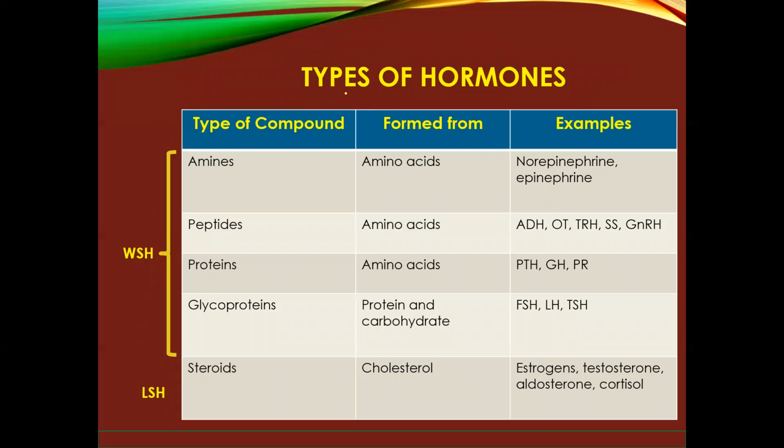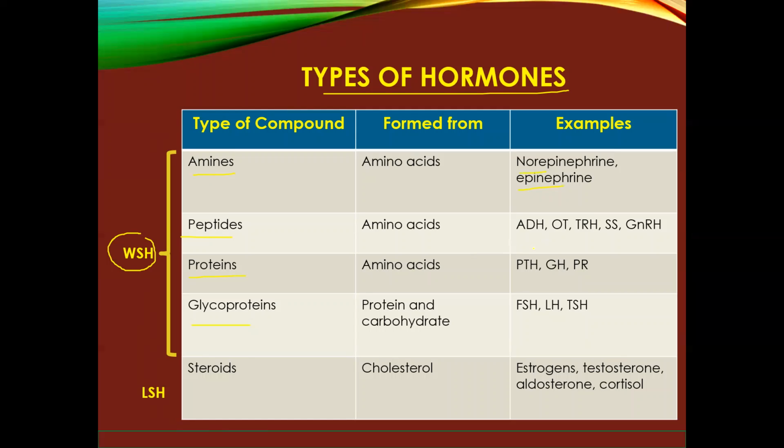Again, two main types of hormone based on chemistry. The first one, water-soluble hormones. They consist of amino acids, peptides, proteins, and glycoproteins. Examples: those made of amino acids are norepinephrine, epinephrine, thyroxine.